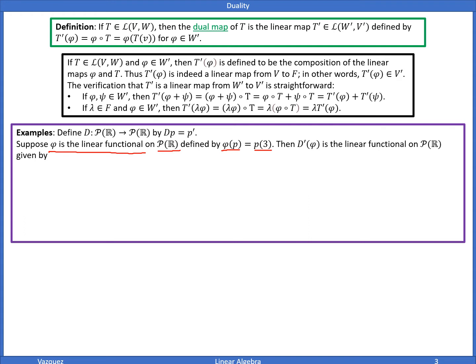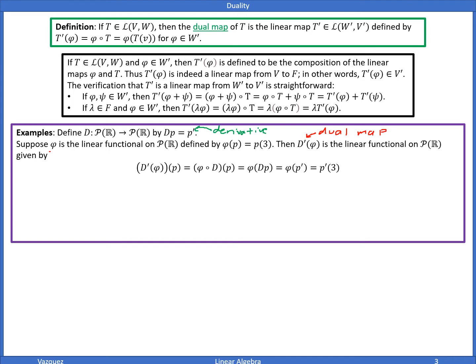Then D prime of phi is a linear functional on the vector space of polynomials given by. Actually, here before I move on, I should note here this apostrophe is for derivative, and this apostrophe over here is for the dual map.